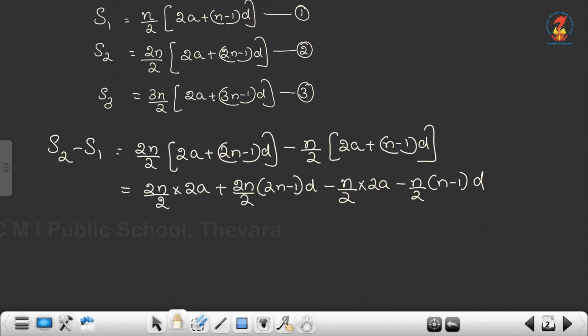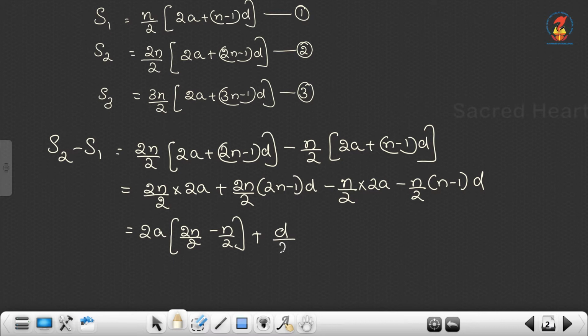So, here 2a, taking out 2n by 2 minus n by 2. Then we have second and fourth terms in terms of d, and 2 is also common, d by 2. So, d by 2 when I take outside: 2n into 2n is 4n square minus 2n, then here minus n square plus n.